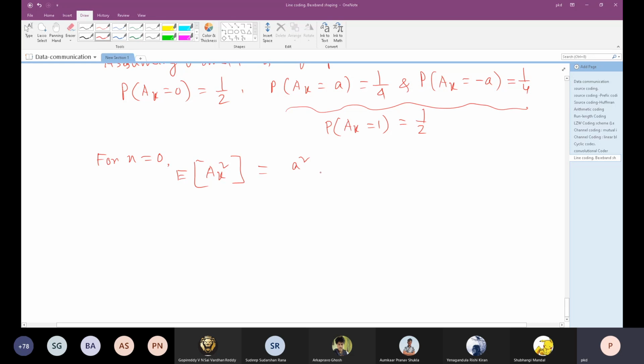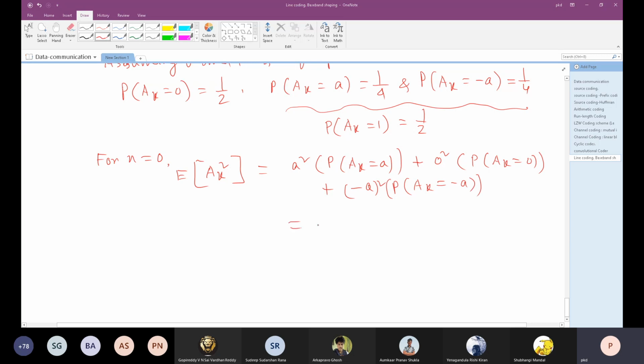So that would be A square into P(AK equal to A) plus 0 square plus minus A square plus 0 square into P(AK equal to 0) plus minus A square into P(AK equal to minus A).